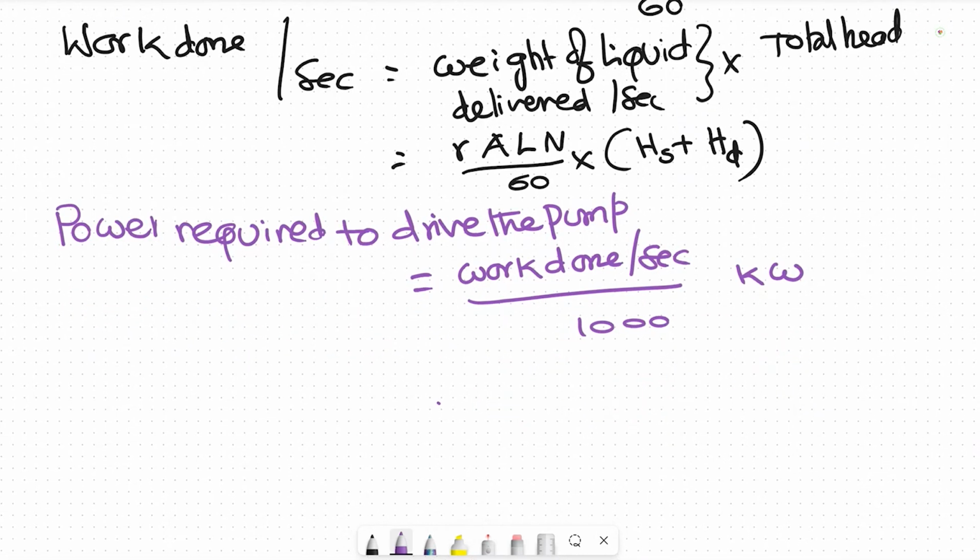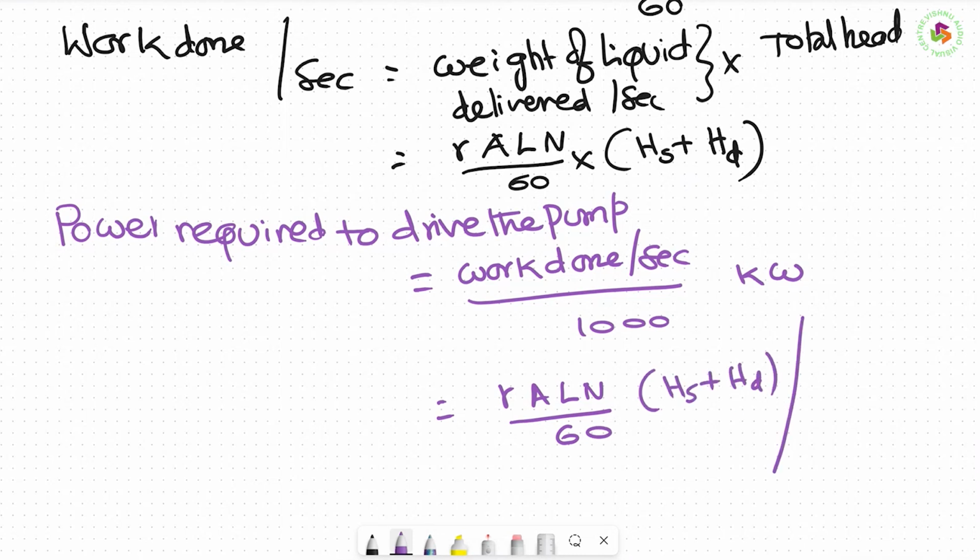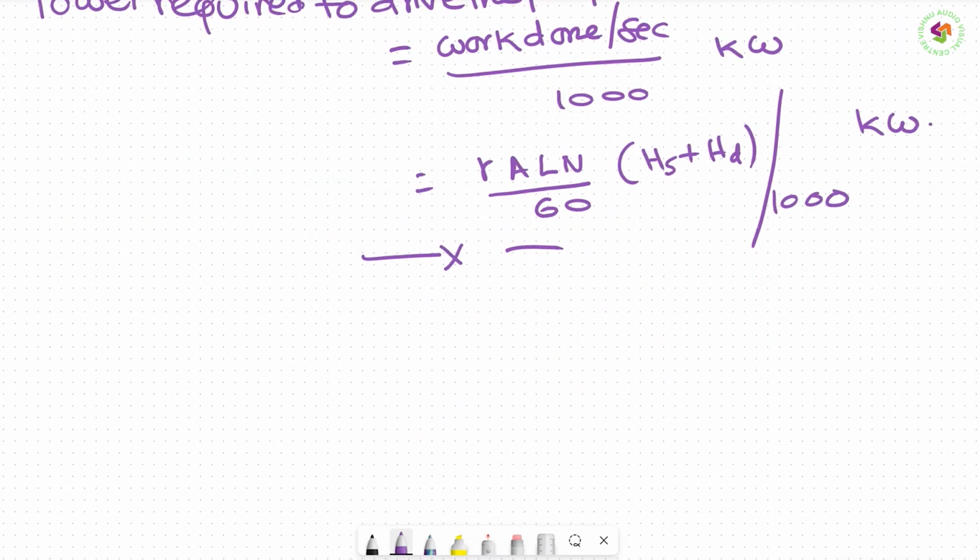So it is equal to gamma ALN by 60 into HS plus HD divided by 1000. It is in kilowatts. That completes for us the derivation in the case of a single acting reciprocating pump.